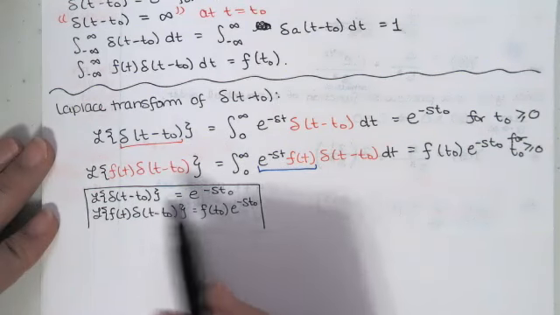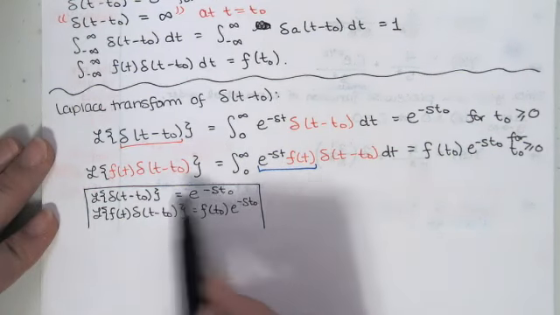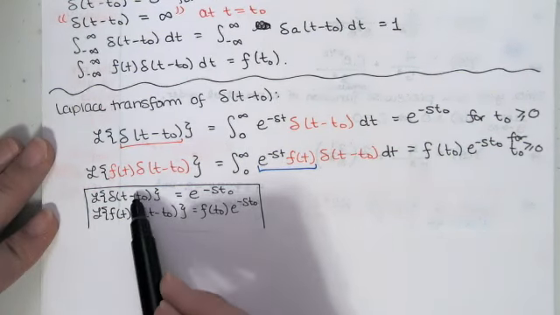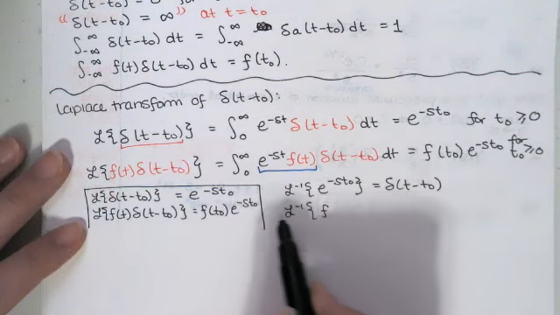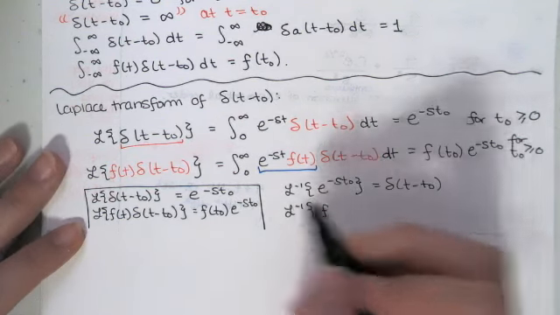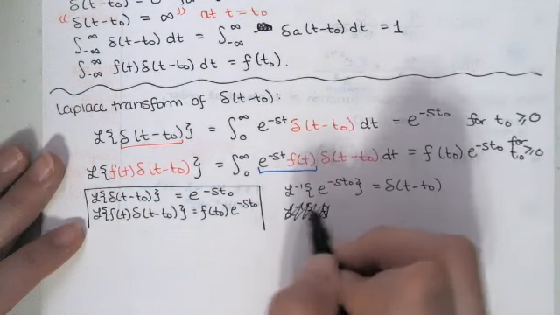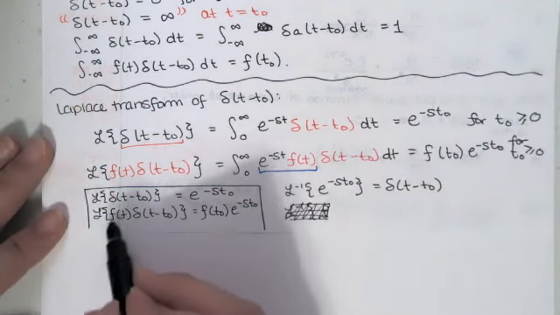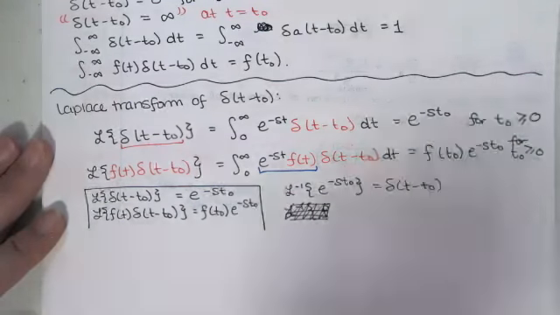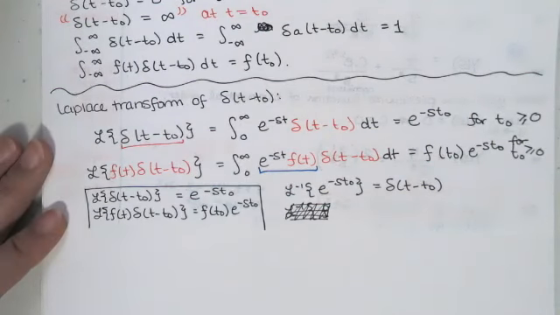And of course, if you're going from here to here, you will get a delta function back. So the inverse transform of e to the negative s times t naught is Dirac delta at t minus t naught. And the inverse Laplace transform of, well, that's just going to be a constant times e to the negative s times t naught, so we won't worry about that in that case. We're not actually going to be able to get f back if we just have f of t naught. It's just a number. So we wouldn't be able to recover f.